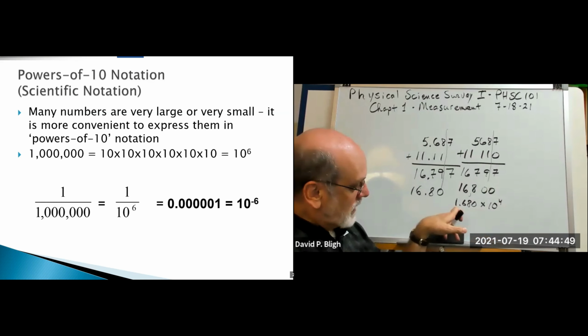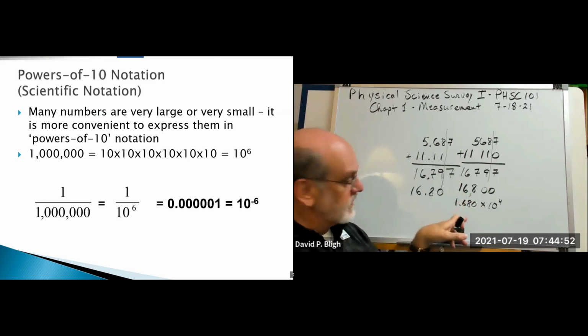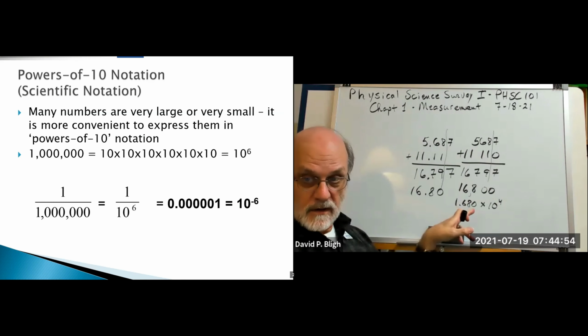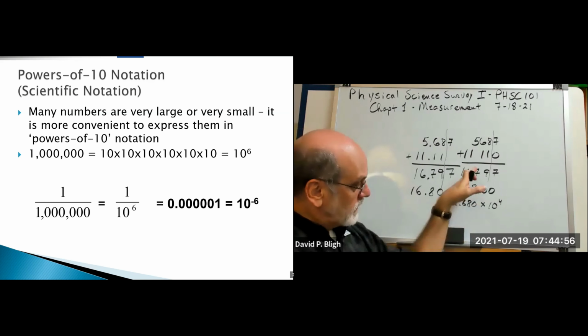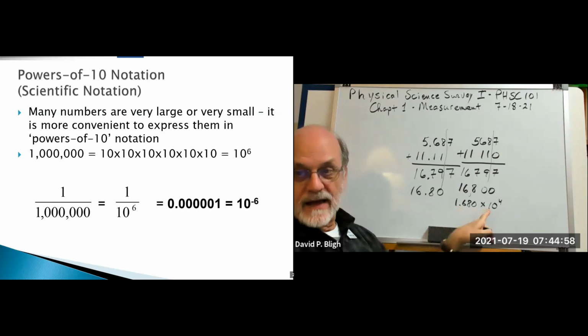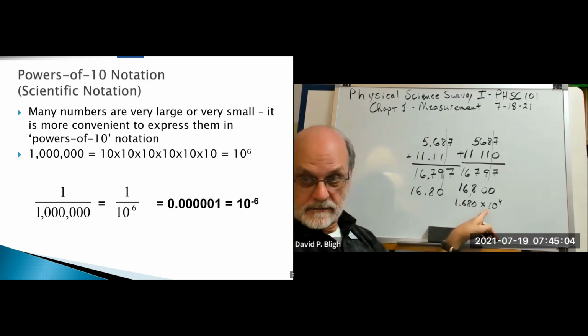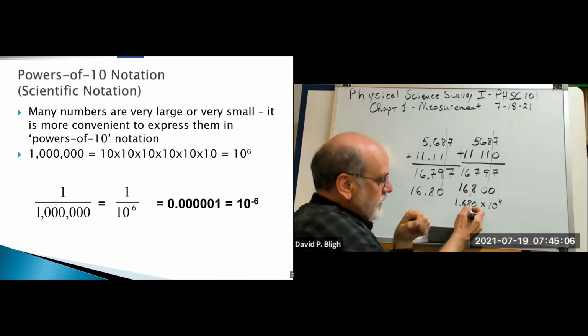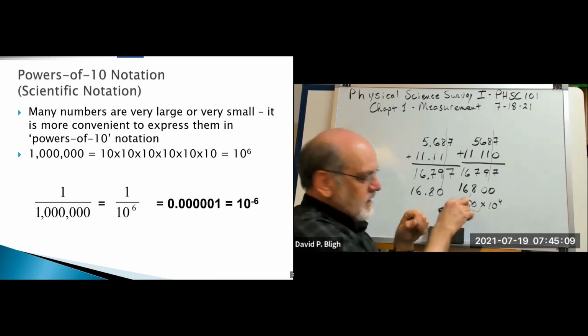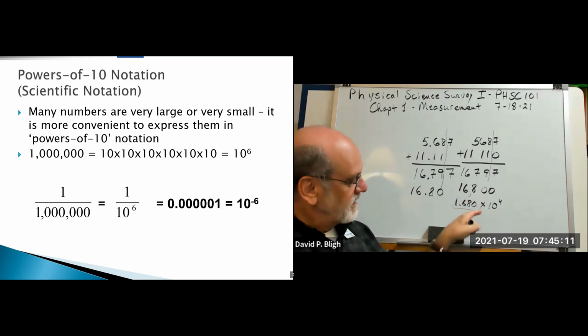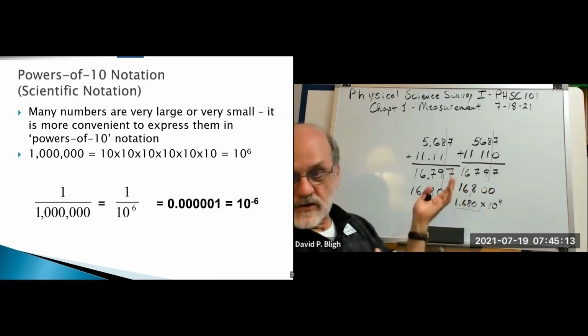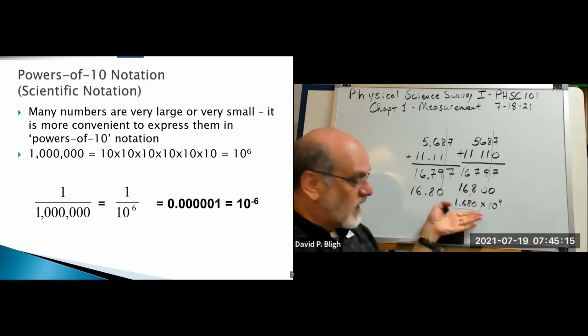So this number is no longer 16,800, it's 1.680. But in order to make them equivalent, we need to multiply it by a factor which stored that information, 10,000 actually. This way, we get to keep 4 significant figures in our number. This way, there's no way to express it. But this way, there is.